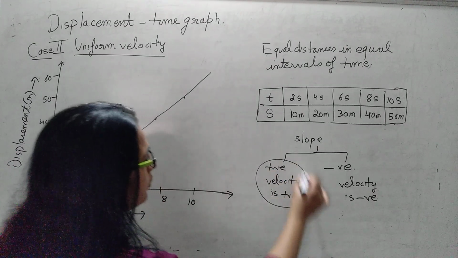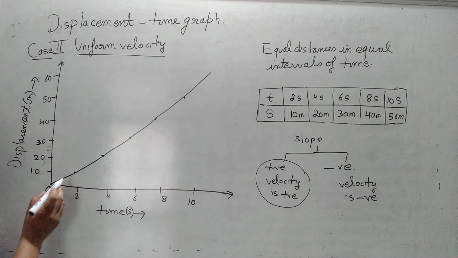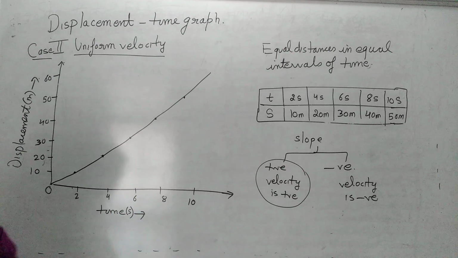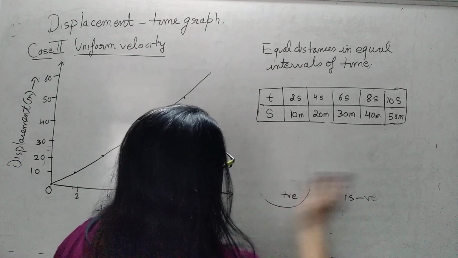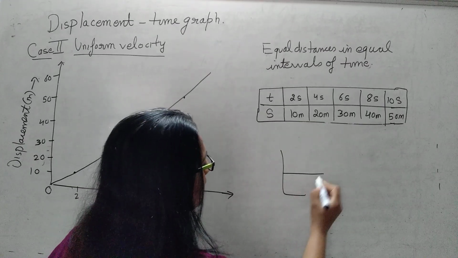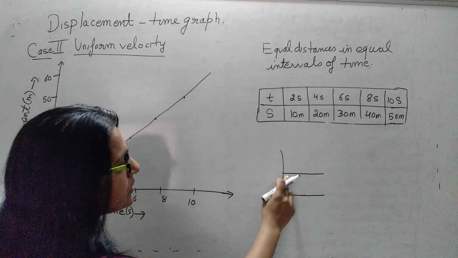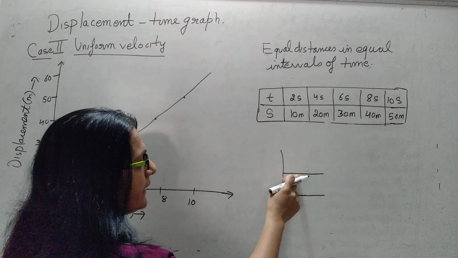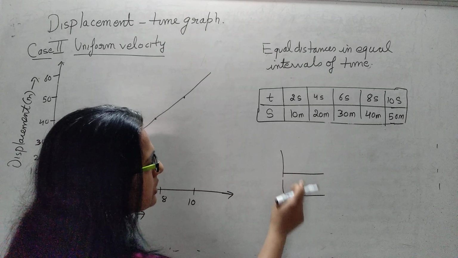Slope positive कब होता है? When the angle is acute, then the slope is always positive. Now how do we find the slope? Now see here, जो stationary body है उसका slope हमें find out करने की जरूरत नहीं है because it is already clear. A line which is parallel to x-axis, its slope is 0.